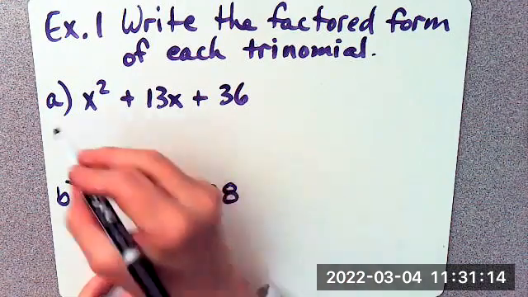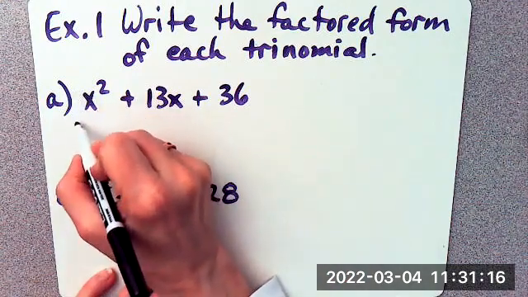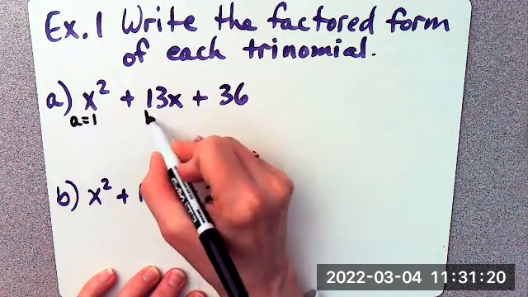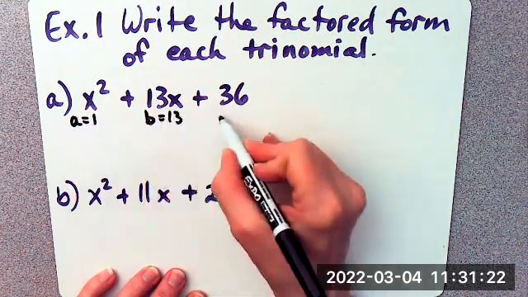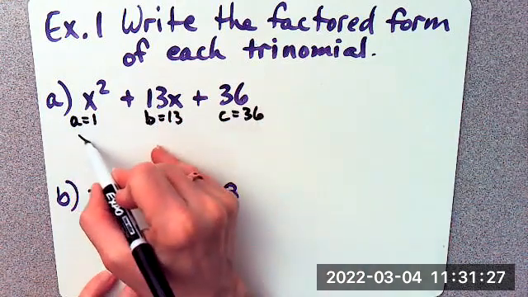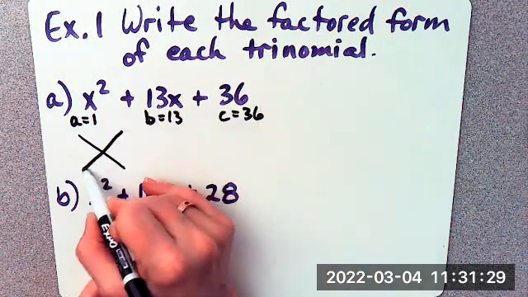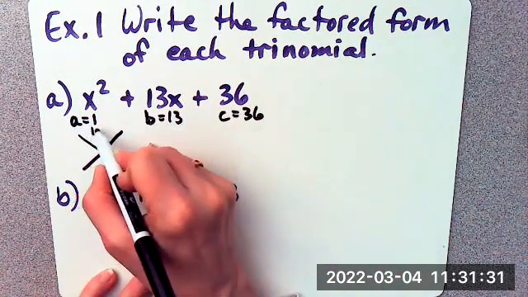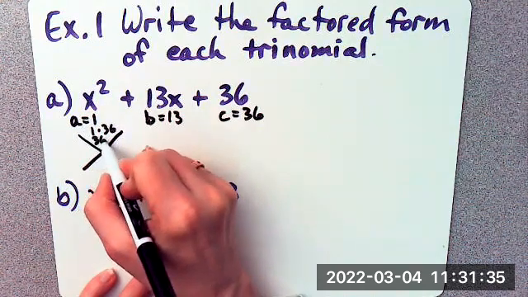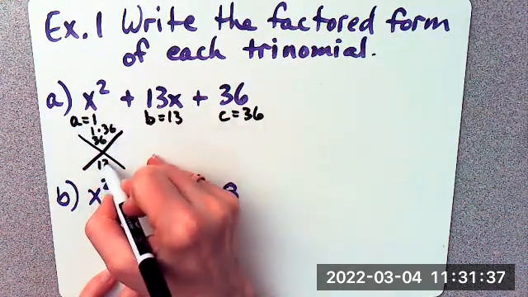So we have a equals 1, b equals 13, and c equals 36. So we're going to make a diamond. We're going to do 1 times 36, which is just 36, and b is 13.